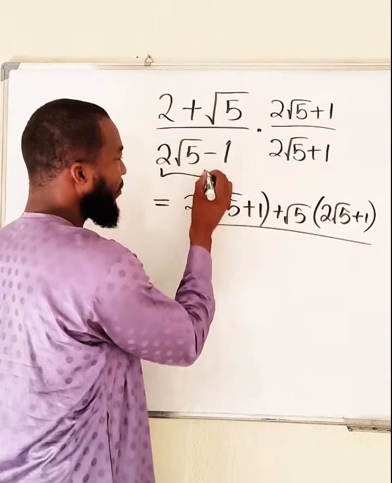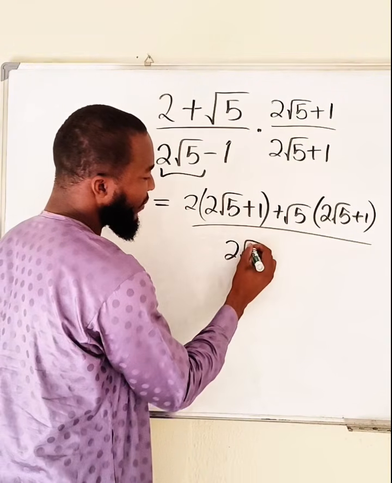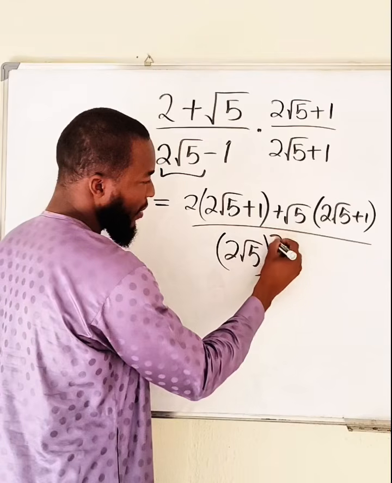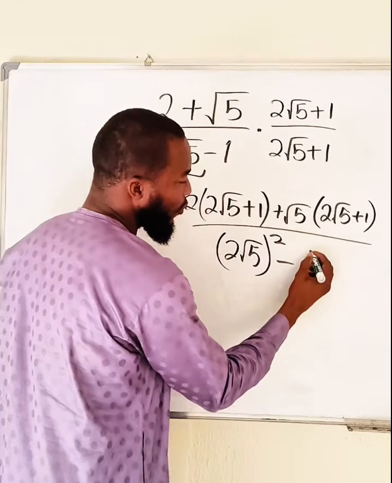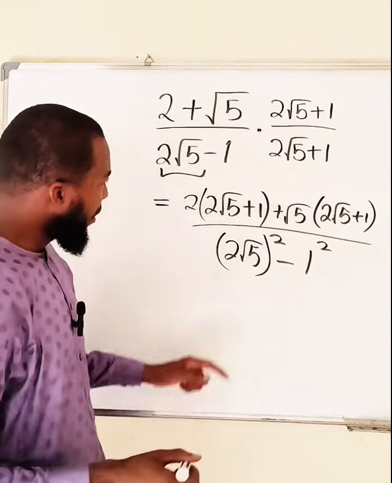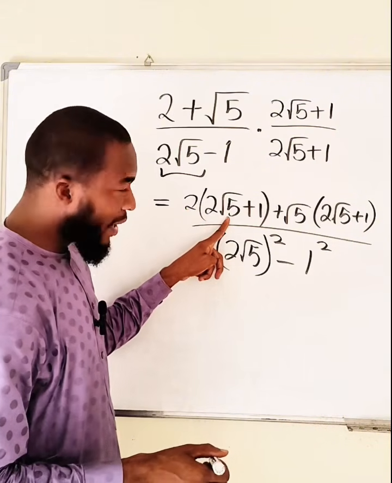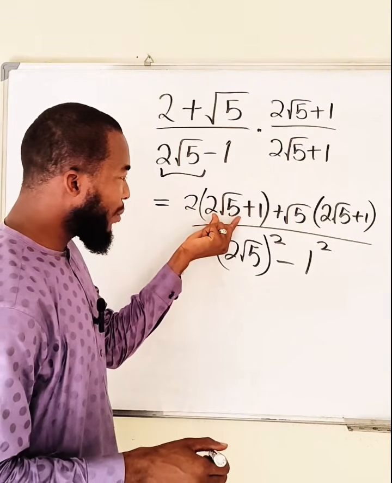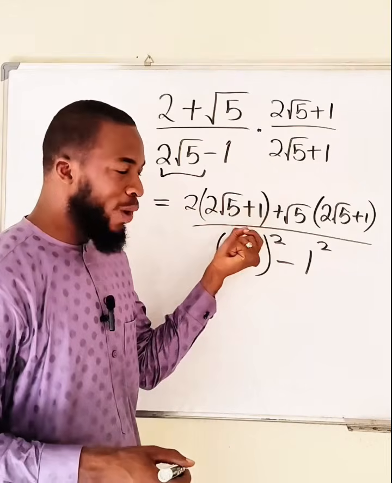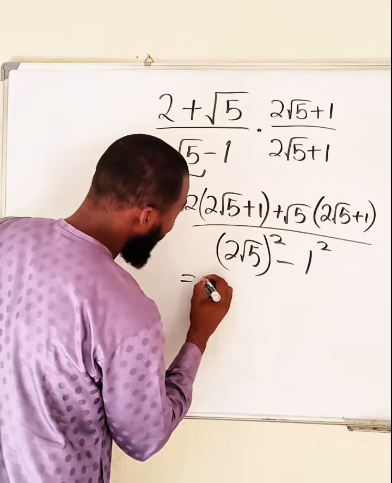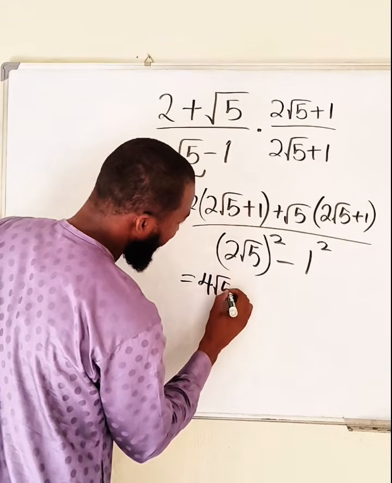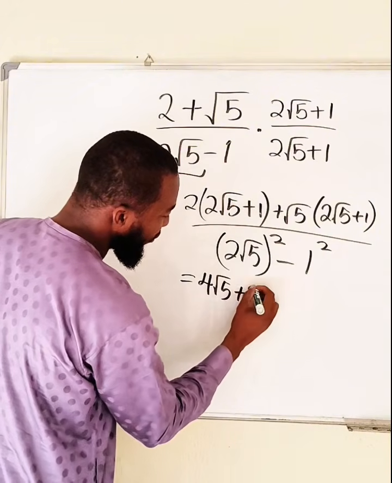The first term, that is 2 root 5 squared, minus the second term, which is 1 also squared. All right. From here, you can see we have 4 root 5, right? It's just like having 2 apples multiplied by 2, we have 4 apples. So this is 4 root 5, then 2 times 1 will give us 2.